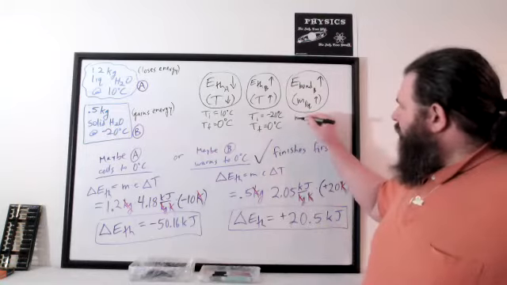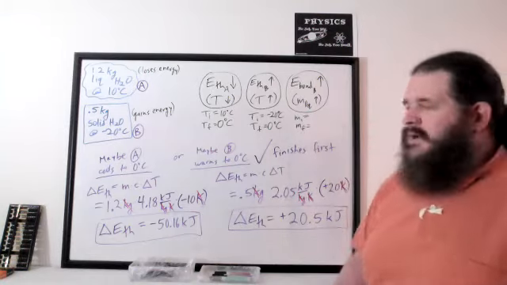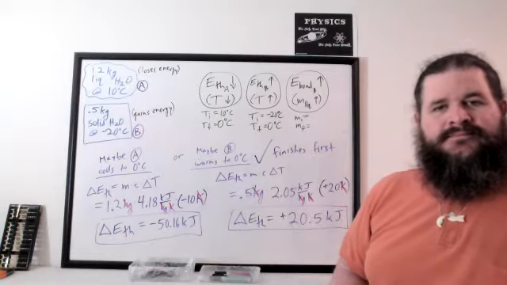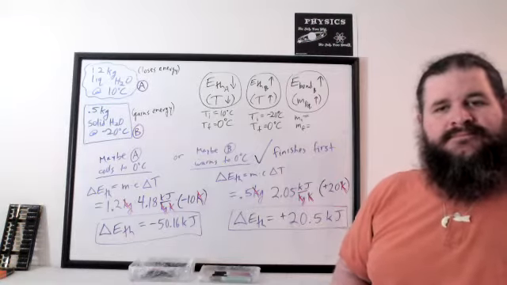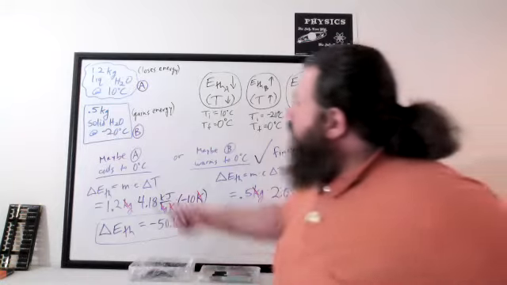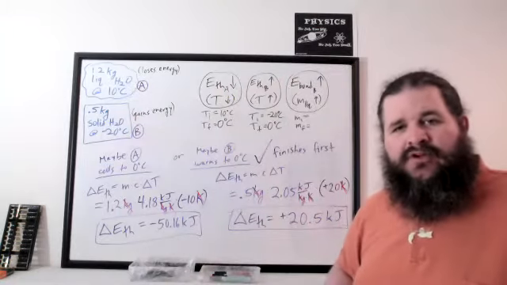So let's label some M initials and M finals. How much liquid do we start with? Yeah, we could say we start with the 1.2 kilograms of liquid here. And there's actually a couple of ways you could go about this.